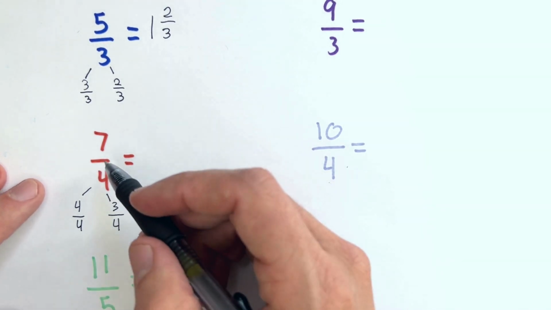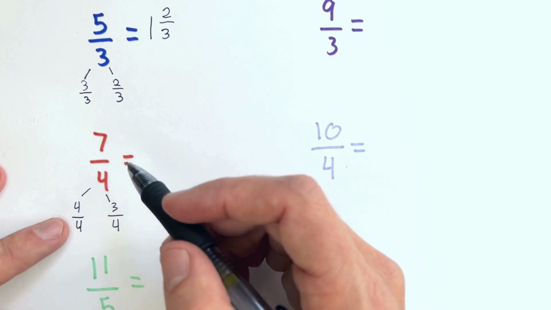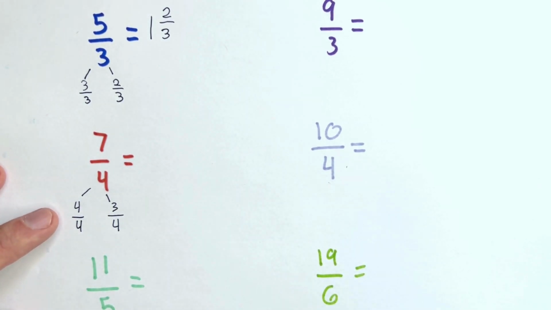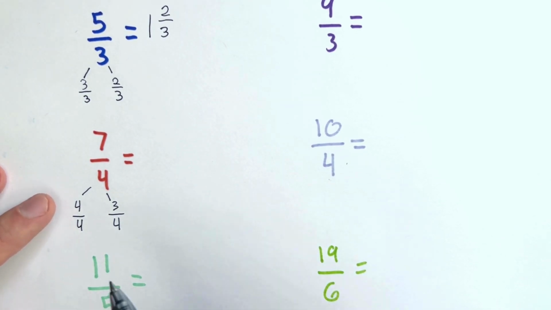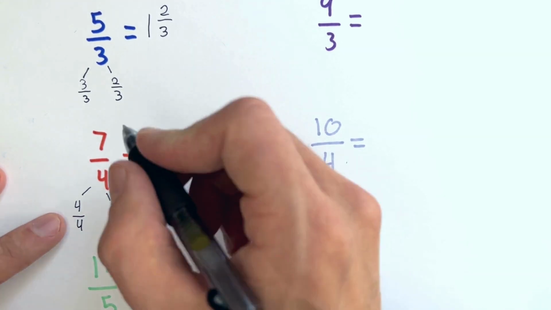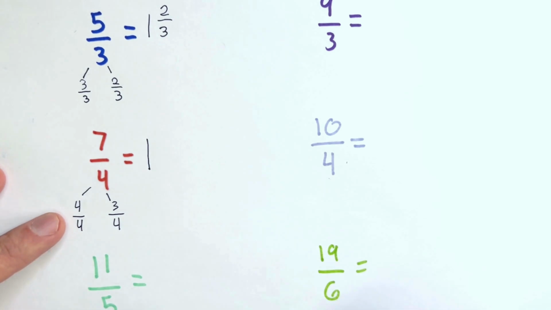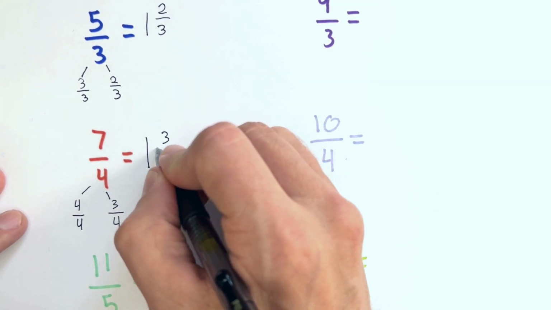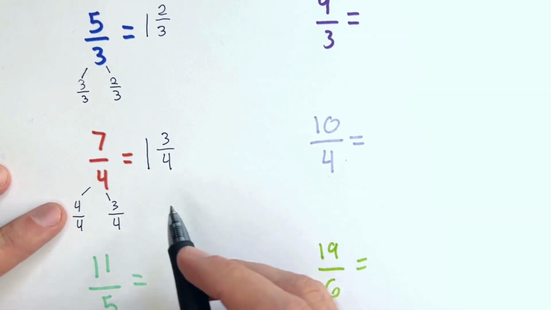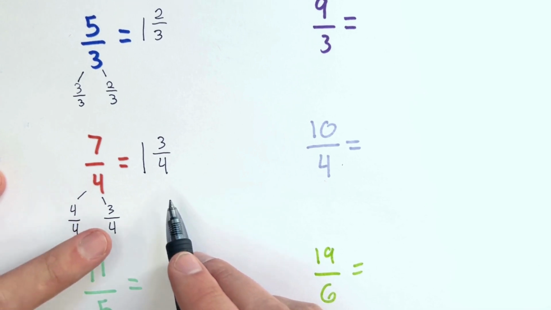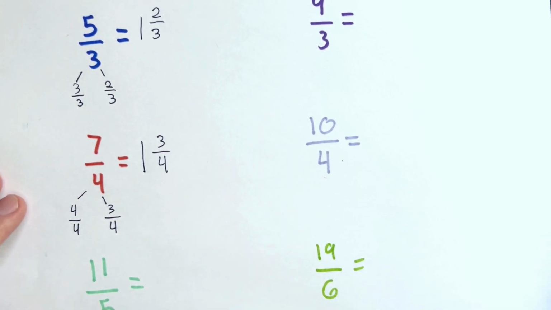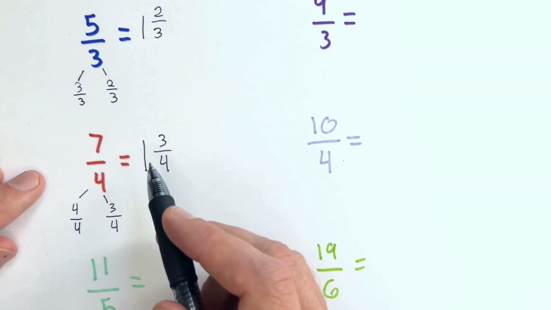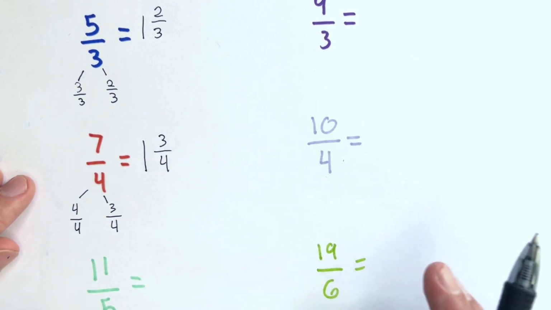So I had 7, I take a group of 4 over 4 out of that, and I have 3 fourths left over. This 4 over 4 is worth 1 whole, and then I have my 3 fourths left over. So 1, and then my 3 fourths slapped onto the side. 7 fourths is equal to 1 and 3 fourths.